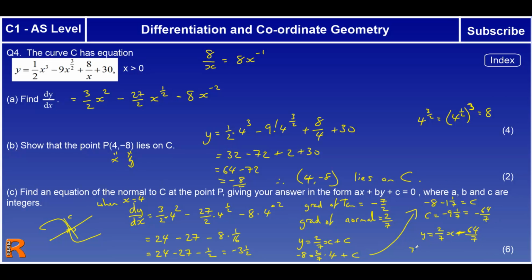We times through by 7, so we get 7y equals 2x minus 64, and we want it all on one side, so let's take it all over to the right hand side, and we have 2x minus 7y minus 64 equals 0.